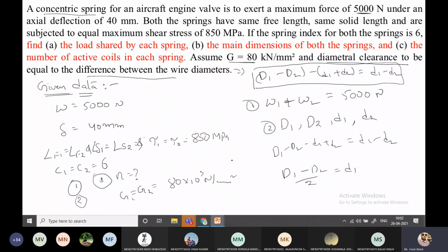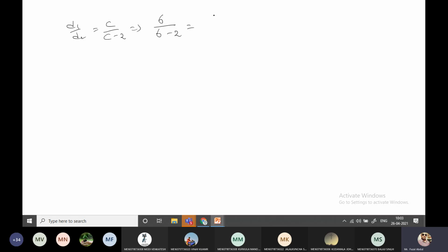Now you know the spring index is capital D by small d, so instead of capital D we can write in terms of small d: C into d1 minus C into d2, by 2, equals d2. Directly writing the equation, d1 by d2 equals C by C minus 2. The spring index is given as 6, so 6 by 6 minus 2. So what is the ratio d1 by d2? Tell me the answer.